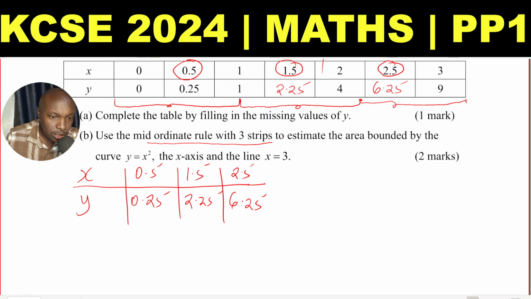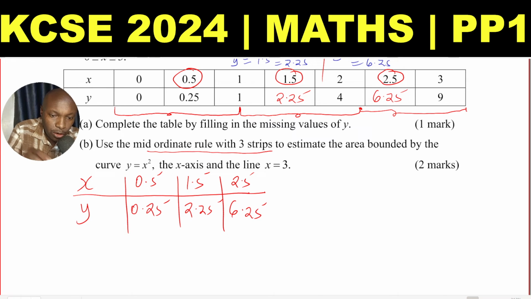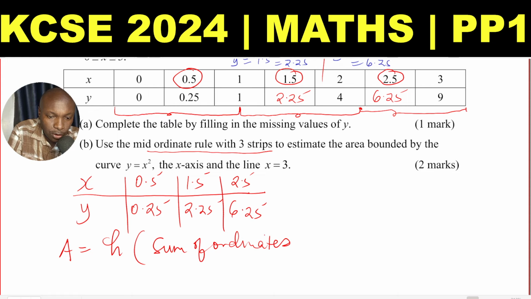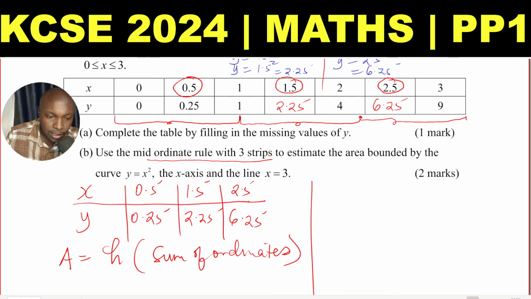Now, the mid-ordinate rule states that the area approximation is done by height multiplied by the sum of the ordinates. Now, when you look at whatever we have here, we need to get the height. h represents the height of the strip.